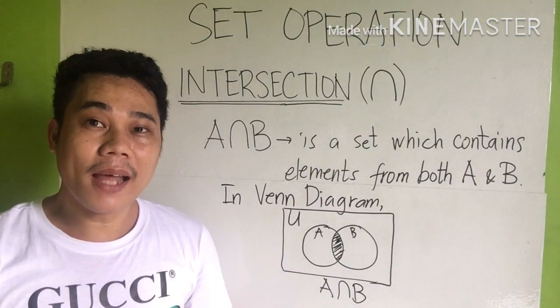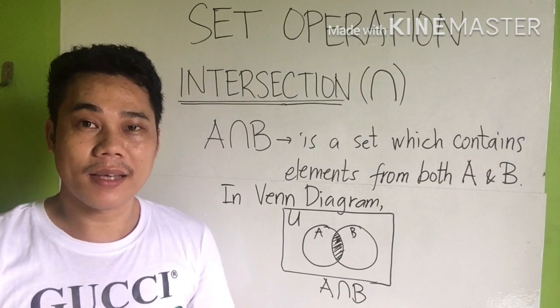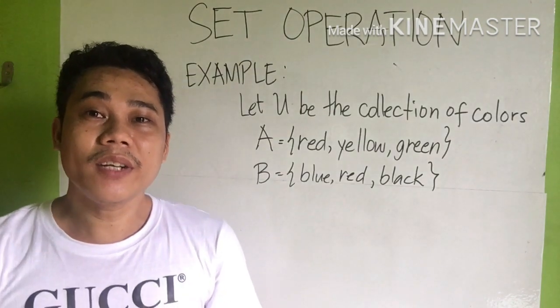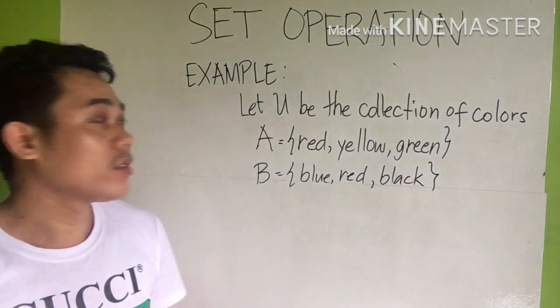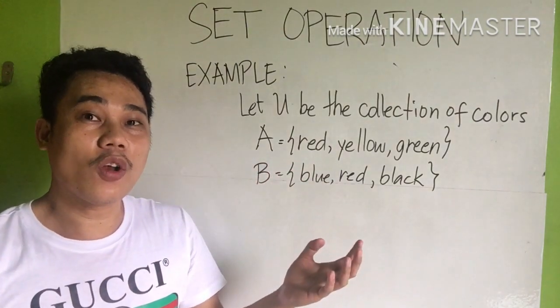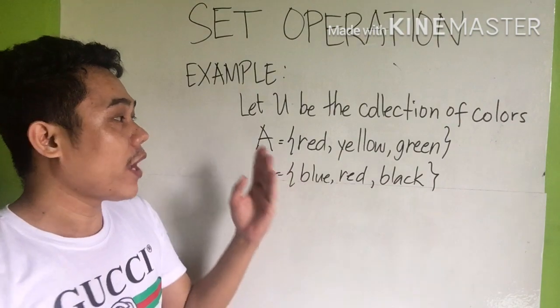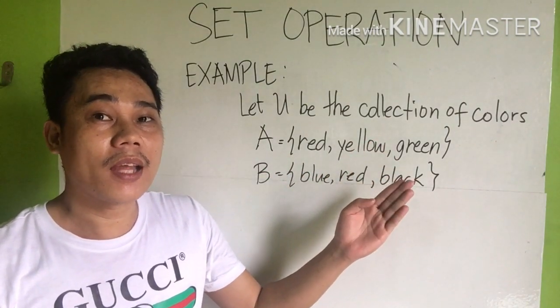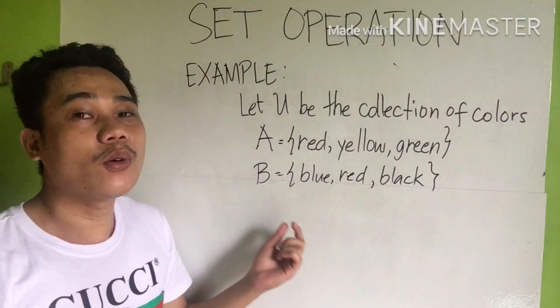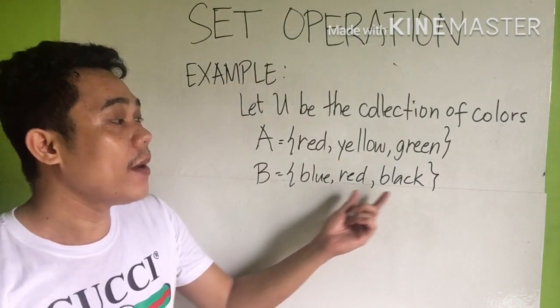So, para mas maintindihan natin, we will provide an example. I-consider ulit natin itong example. Yung U, collection ng lahat ng colors. And then A, meron tayong red, yellow, green na mga elements. Ang B naman, nag-contain siya ng blue, red, black.